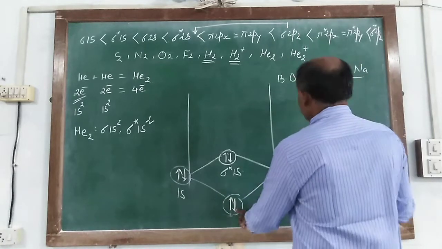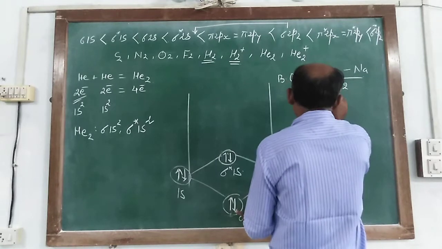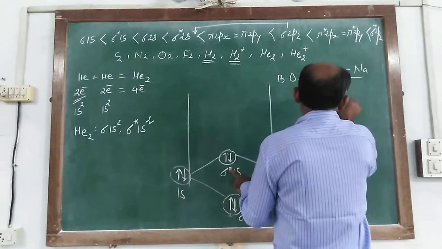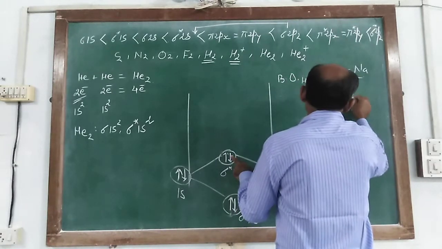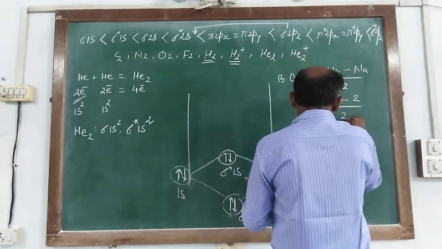Here there are 2 electrons in the bonding molecular orbital and 2 in the anti-bonding molecular orbital, divided by 2.